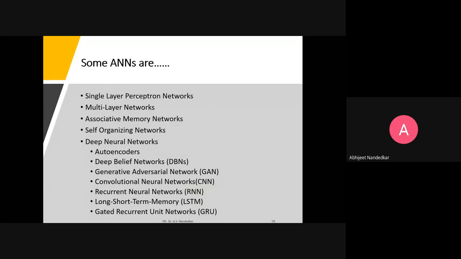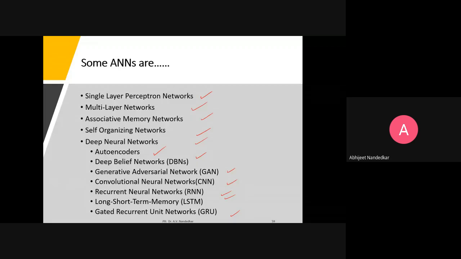There are many neural network circuits available: single layer perceptron, multi-layer networks, associative memories, then self-organizing networks. If you take deep networks, then you have autoencoders, deep belief networks, generative models, GANs, generative adversarial networks, then convolutional networks, recurrent networks, LSTMs, GRUs, and so on.